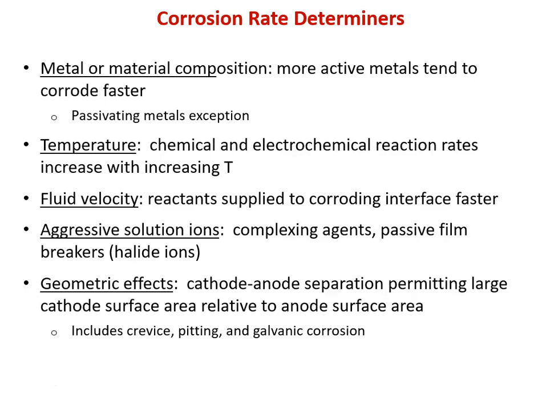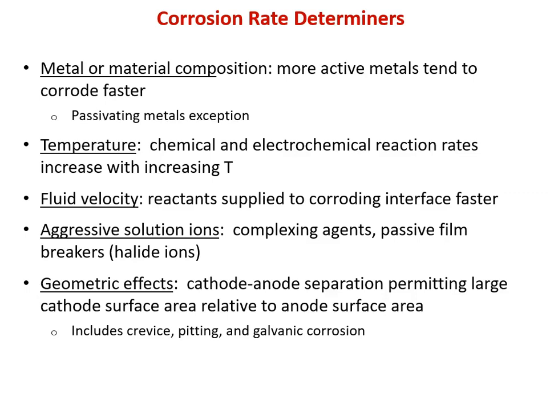I discussed complexing agents a little bit as things that will stabilize our oxidized species in solution. These will dramatically increase the rate of corrosion in many cases. Some halide ions will do this, and there are organic complexers that are very potent.